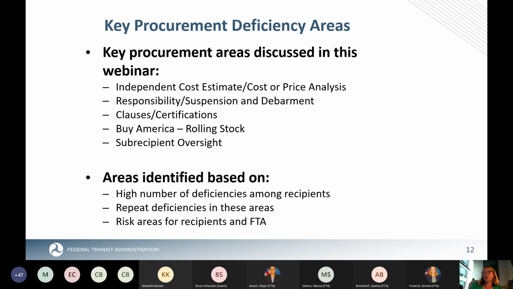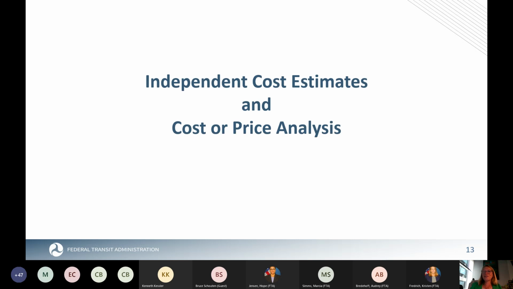So a repeat deficiency is if you had a triennial review in 2016 and you had a deficiency in independent cost estimate, and then your next review was in 2019 and you had that deficiency again, even for a different procurement, FTA tracks and records that as a repeat deficiency. Another area is that some of these are high areas of risk for both the recipient and FTA. And so that's why they've determined to focus on these 5 areas for this webinar. So let's get into it.